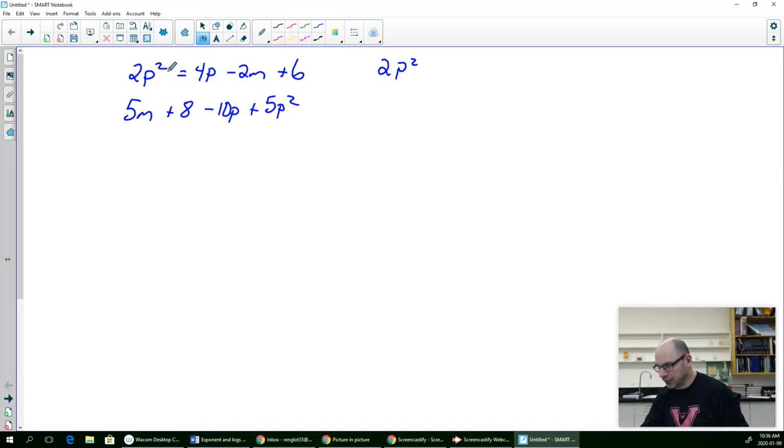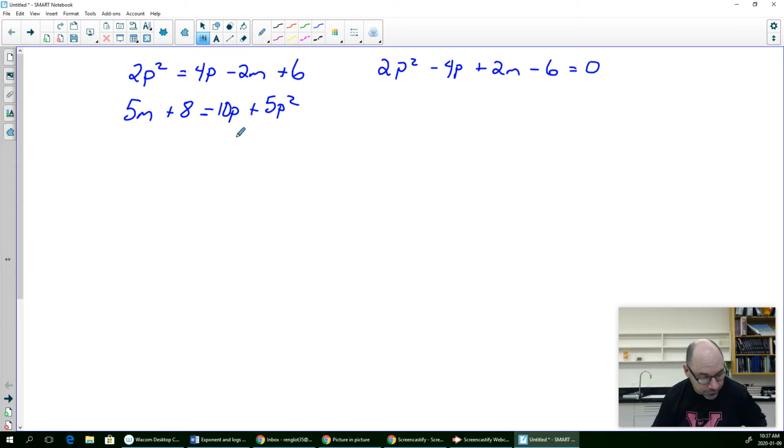I'm going to bring this negative 4p over here, and then positive 2m and negative 6 equals 0. So I'm bringing everything over with the 2p here. And the other one here has an equal sign in the middle. Sorry. It's not a minus, it's an equal sign.